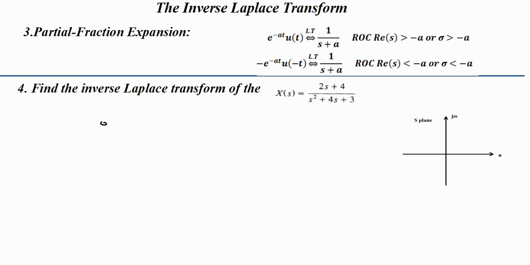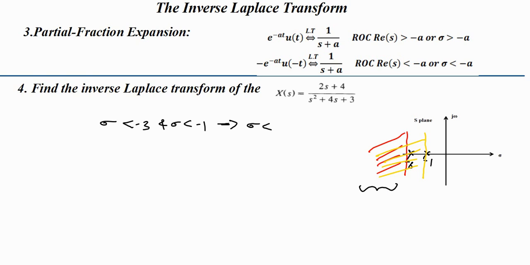This is case 2: sigma less than minus 3 and sigma less than minus 1. If you consider this ROC, one pole is minus 3, another is minus 1. One is less than minus 3 and another is less than minus 1. So I can conclude that both signals converge from minus 3 onwards, so I can reduce this to sigma less than minus 3.